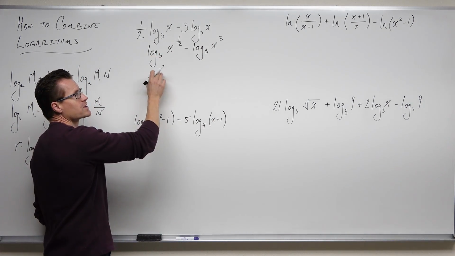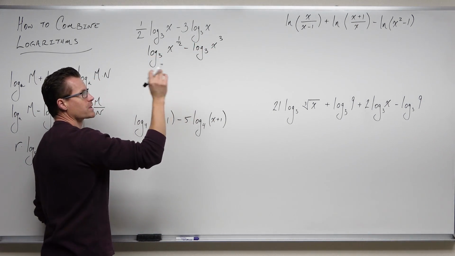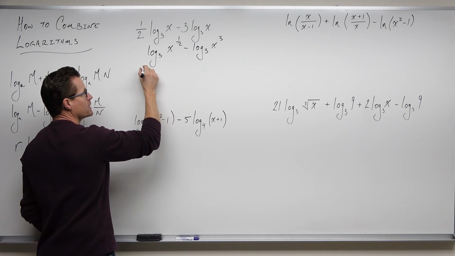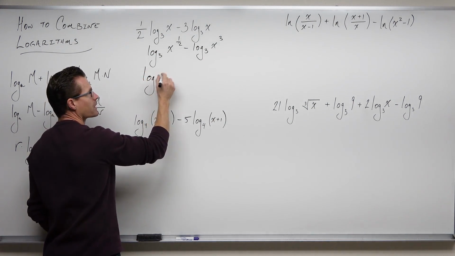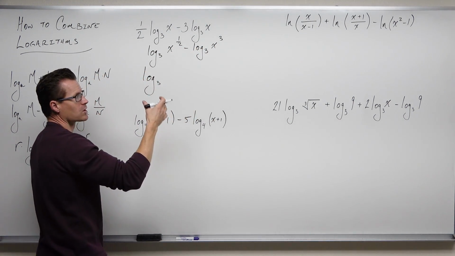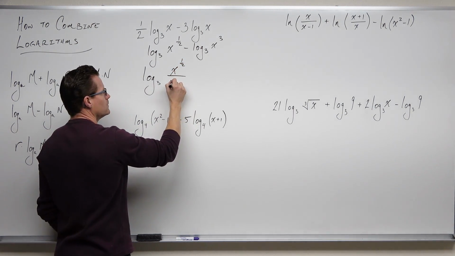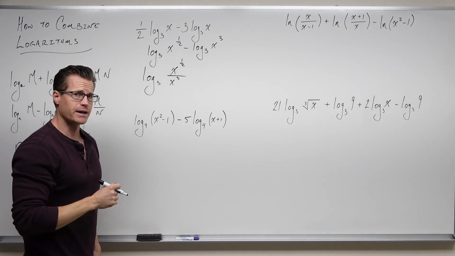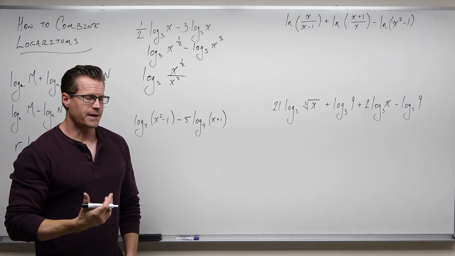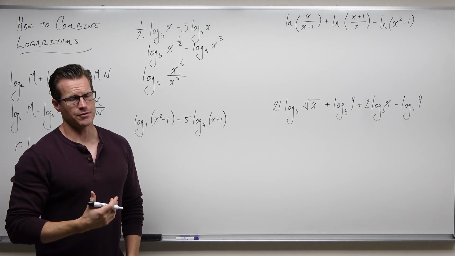So since we have log base 3 minus another log base 3, we can create one log base 3 with our two arguments of our logarithms being divided. Now, once we've done that, it's very, very important for us to be able to simplify this.